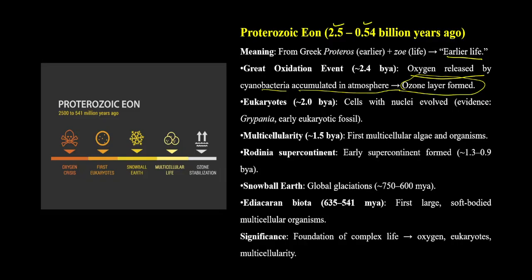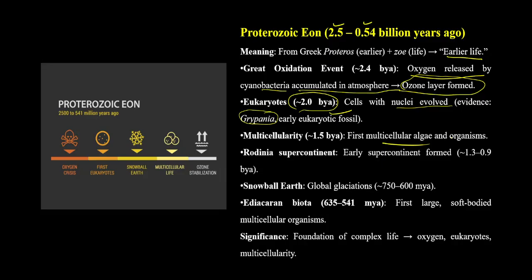Eukaryotes also came into existence around 2.4 billion years ago. Cells with nuclei evolved. What is the evidence? Grypania, which is an early eukaryotic fossil. Then multicellular organisms also came into existence, like algae.